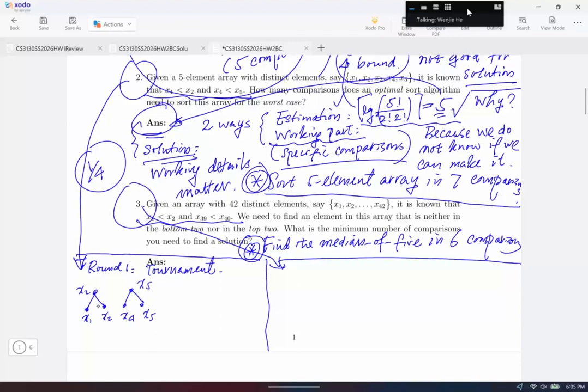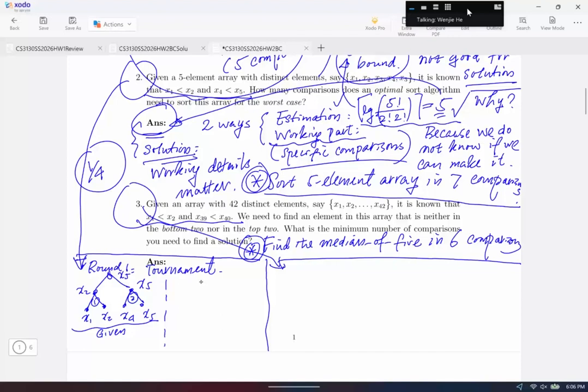First comparison, second comparison. Here we know these two comparisons are given, which means we can save 2 comparisons from the given condition. So you complete it, and after that, let's say x5 is the winner. So we complete round 1.